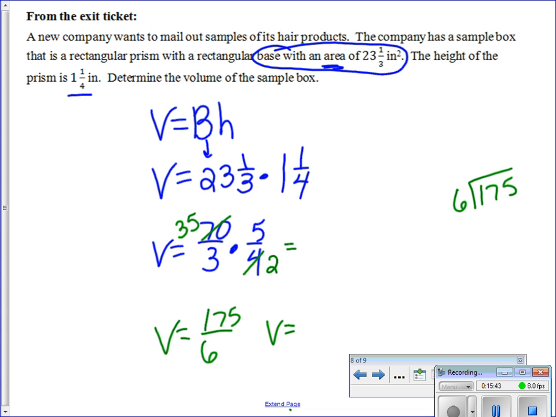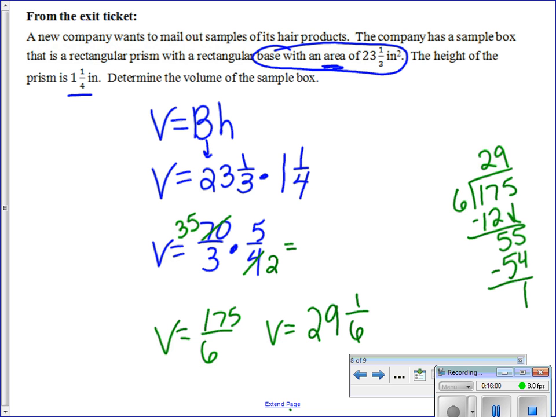So 6 goes into 17 twice. 9. 1 left over. So 6 goes into 175 29 times with 1 left over. Our denominator stays the same. My unit is inches, and then it's cubed. So the volume is 29 and 1/6 inches cubed.